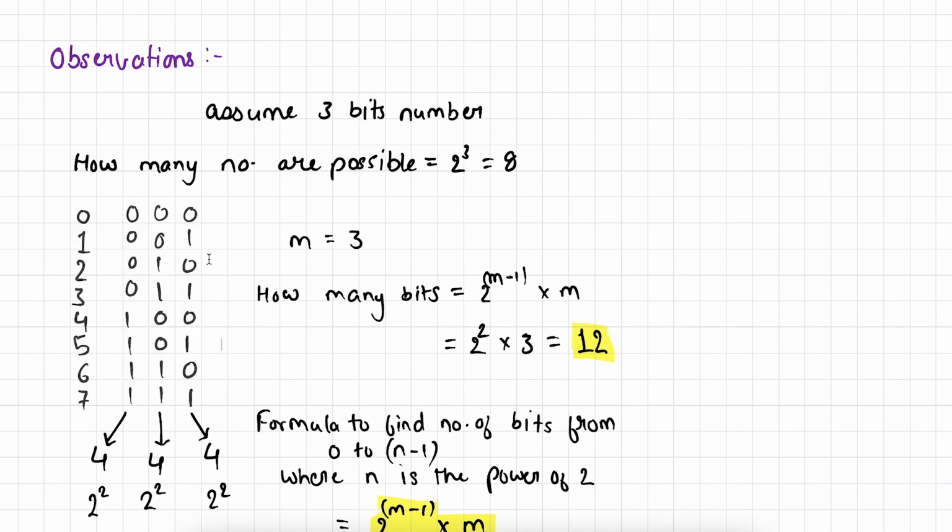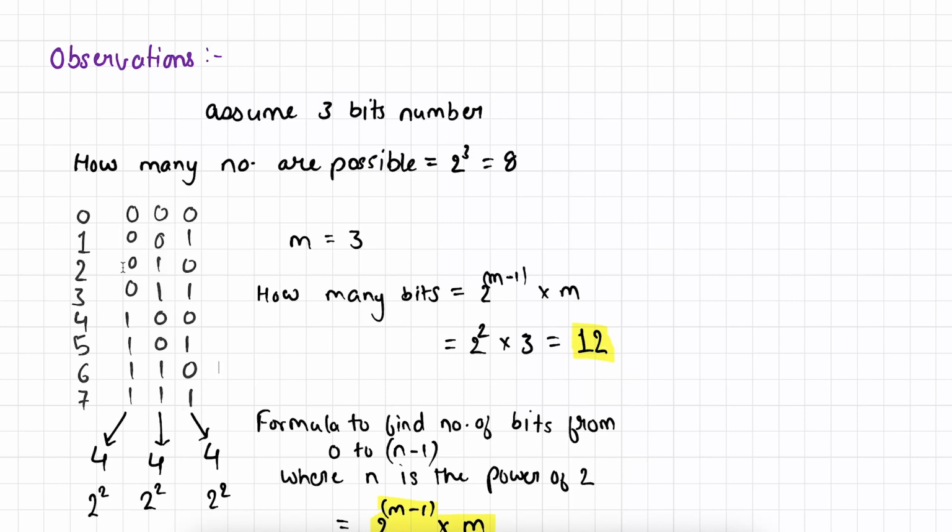When you observe the binary representation of the numbers from 1 to 7, you will realize that at position 1, 1 bit is alternating. It means the bit is 0, then 1, then 0, then 1, and so on. If you observe the second position, you see that 2 bits are alternating: first 2 bits are 0, then 1, 1, then 0, 0, then 1, 1.